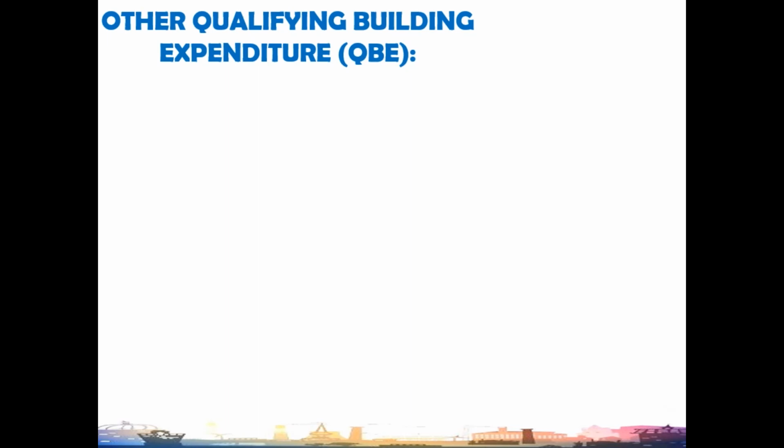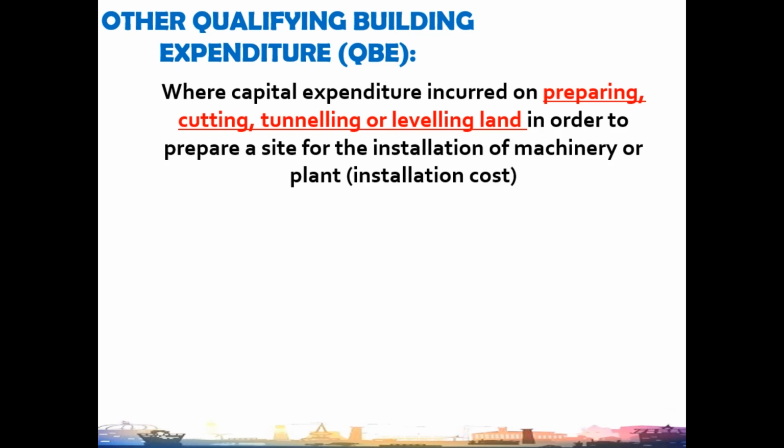There are some other qualifying building expenditure, QBE, where capital expenditure is incurred on preparing, cutting, tunneling or levelling land in order to prepare a site for the installation of machinery or plant installation costs.